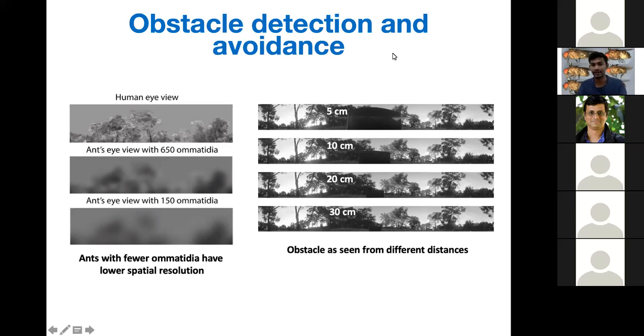And here on the right, there's an obstacle there. As you move towards the obstacle, the size of it also changes, and it's obstructing a lot more information behind it. So if the ants are able to detect an obstacle, if they have better resolution and contrast sensitivity, they might actually detour around it earlier in time and before they go really close to the obstacle.